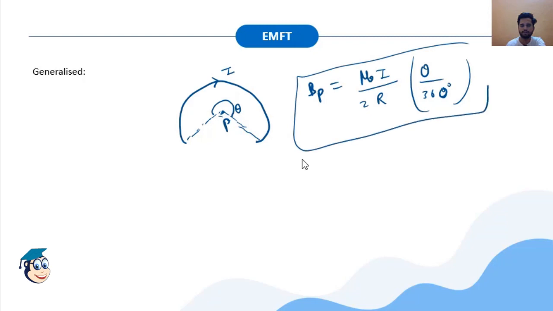This is the magnetic field due to a ring part having an angle theta.